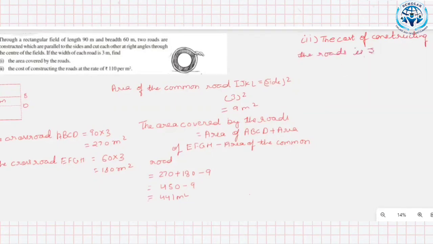So we will multiply this area with the cost to find the total cost of constructing the roads. The total cost is 48,510 rupees.